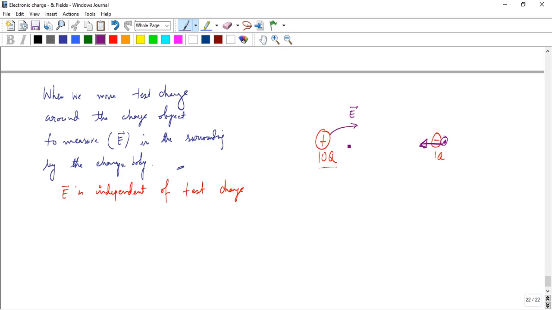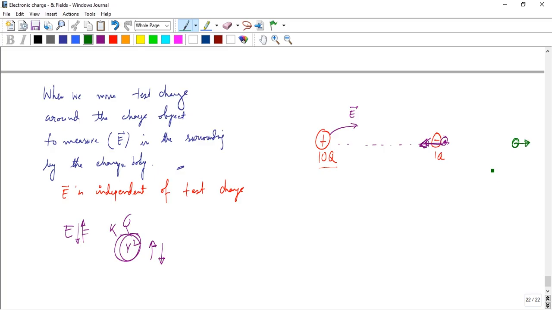And E depends on kQ by R square, which means that if R is increased, the electric field obviously decreases. If R is less, the electric field is increasing. So here at some value of R at that point, the electric field is in that direction. Now consider another point here, the electric field is in that direction.